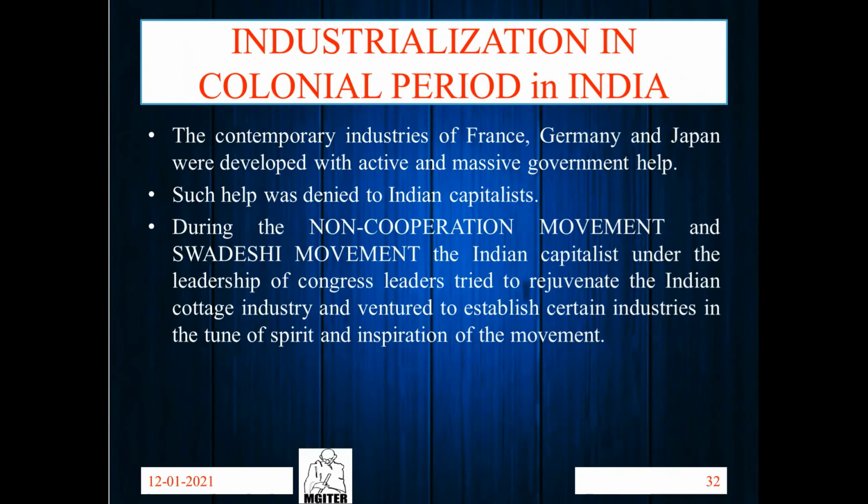Contemporary industry of France, Germany, and Japan was developed with active and massive government help.